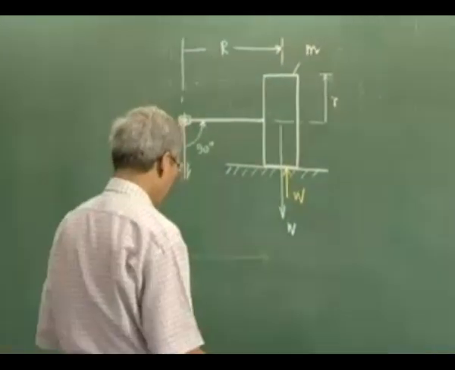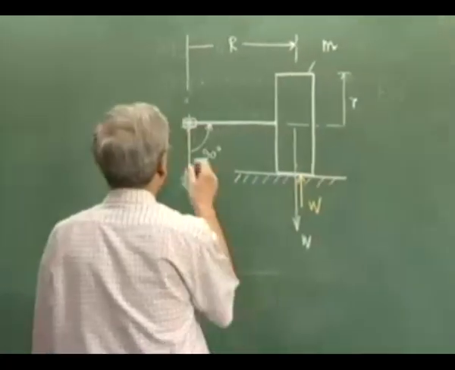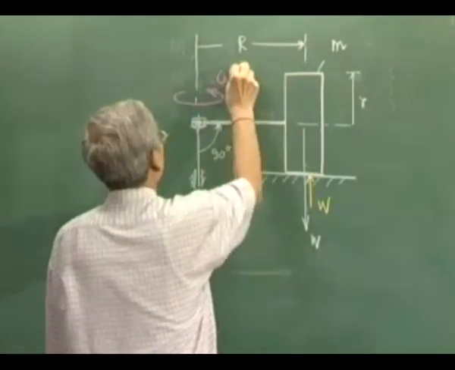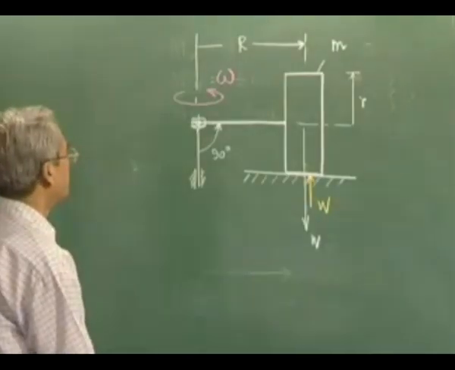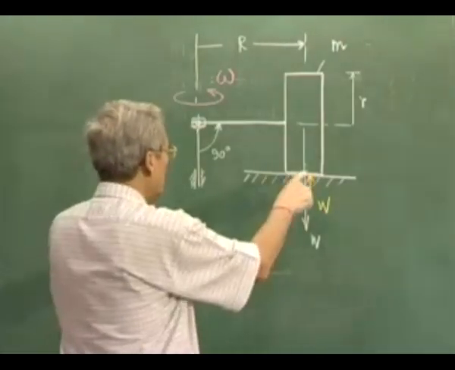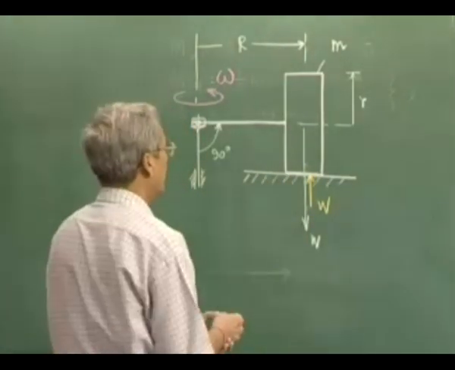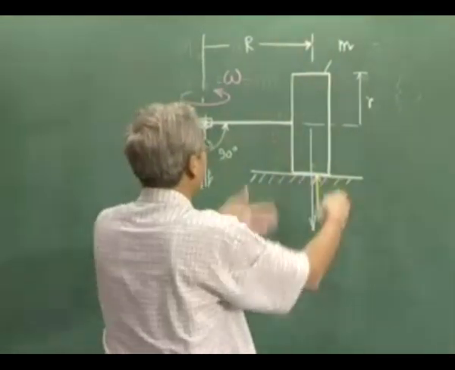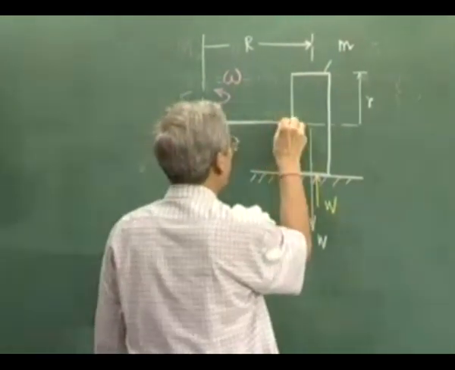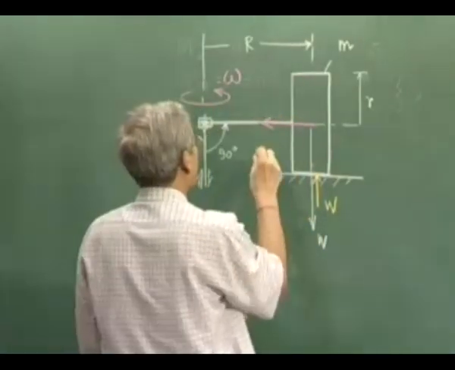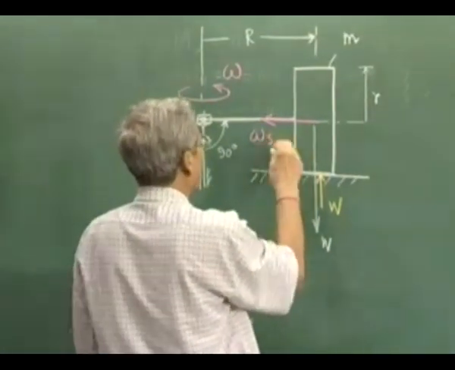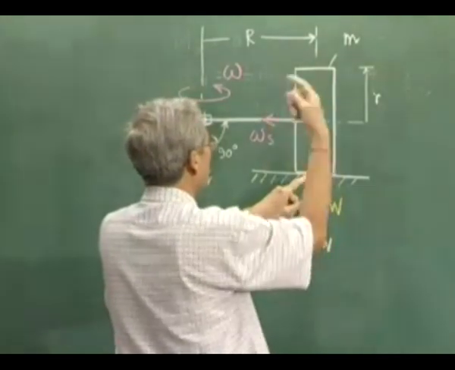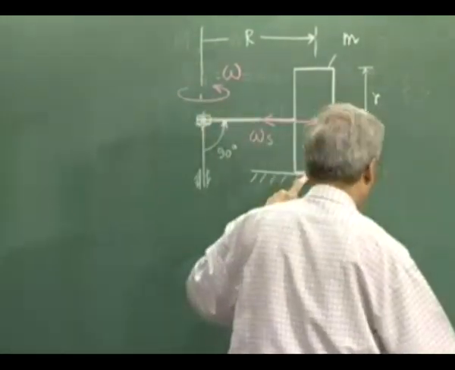W. Now, let's see what happens if this whole thing is rotating in this direction with angular velocity omega. If we assume that there is no slip, which is quite practical, then what will happen? This will rotate in this direction. That means it will have an angular velocity, or spin velocity, in this direction, and without considering any slip here, this can be found out from a simple relation.